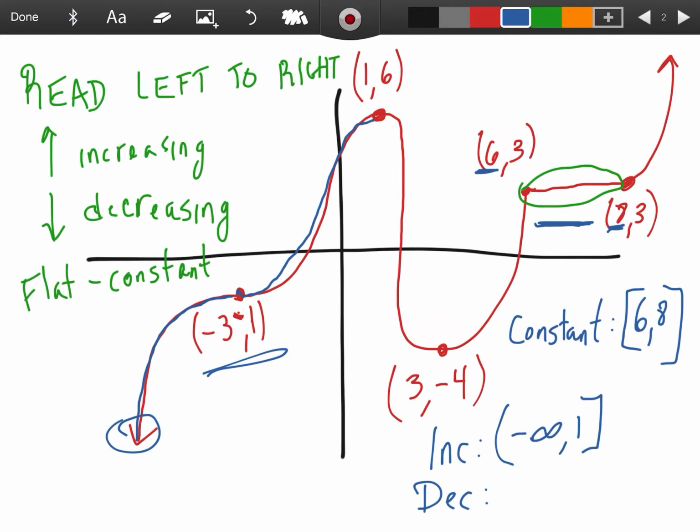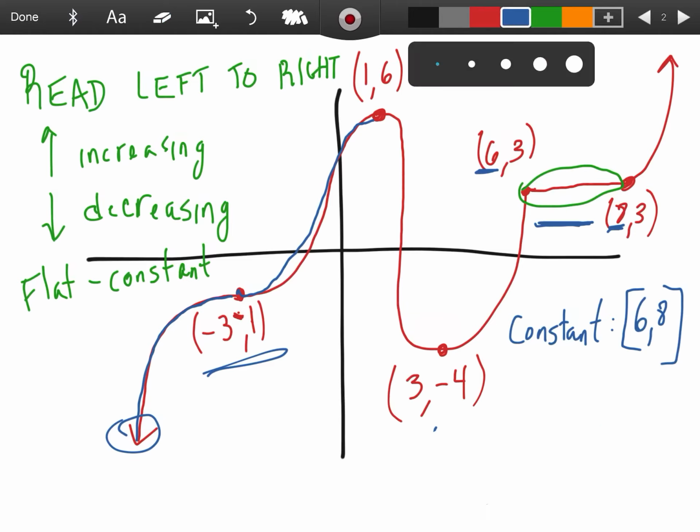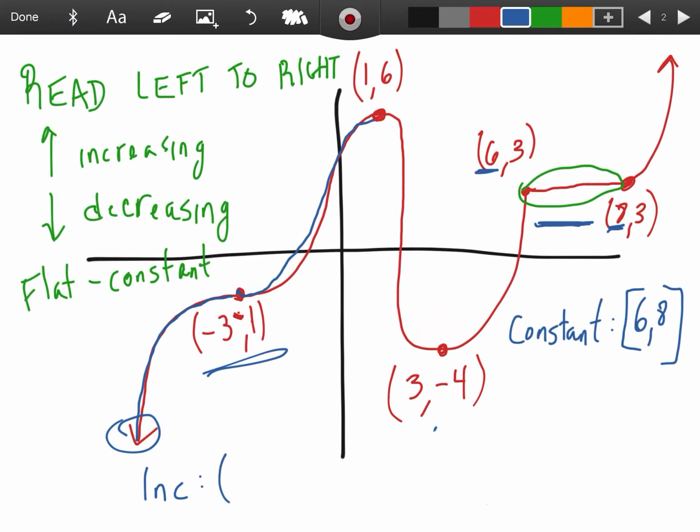I'm actually going to run out of room, so let me erase this and put it somewhere else. Let's do our intervals of increasing here. All the way to the left, up until I get to x equals 1, I am increasing because as I go left to right, I'm going up. So from x equals -infinity to x equals 1, my function is increasing. Then I'll decrease from x equals 1 to x equals 3.